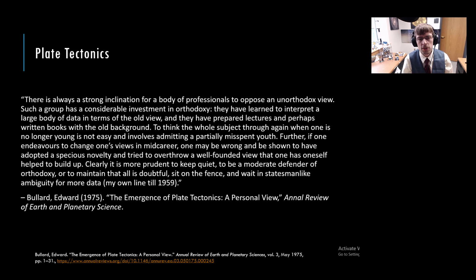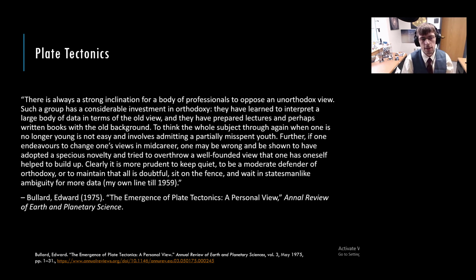To think the whole subject through again when one is no longer young is not easy and involves admitting a partially misspent youth. Furthermore, if one endeavors to change one's view in mid-career, one may be wrong and be shown to have adopted a specious novelty and try to overthrow a well-founded view that one has oneself helped to build up.